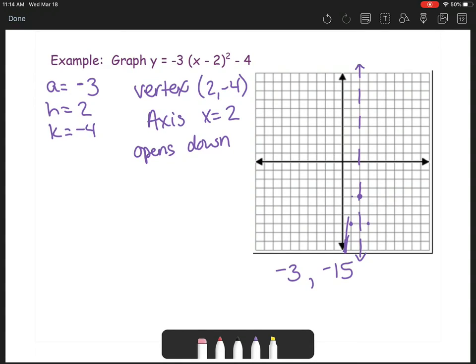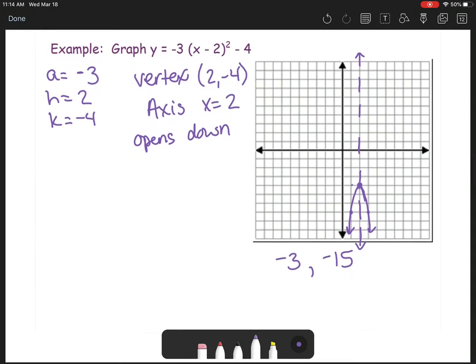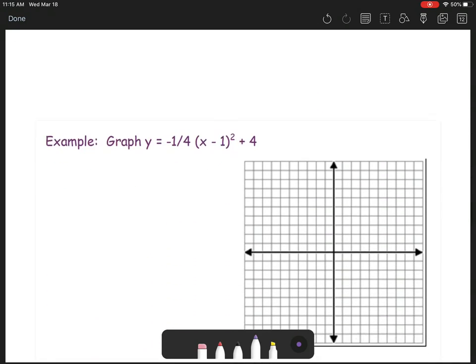These are the hardest ones to graph accurately because they are so narrow. It's really hard to not make them pointy up here, but like I keep saying, just do your best and it'll work out. So a really narrow parabola down there, opening down with those pieces of information.